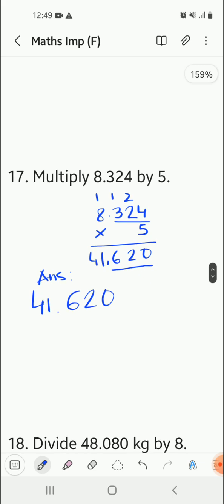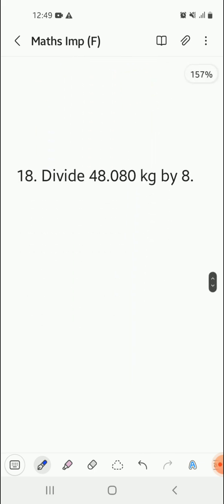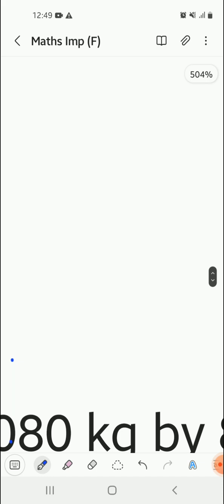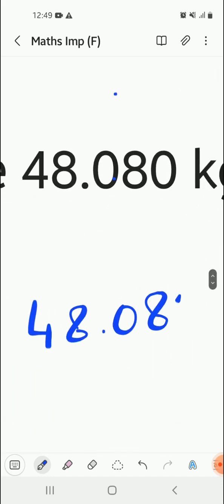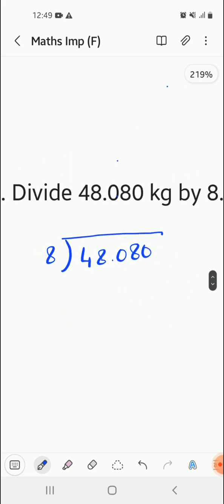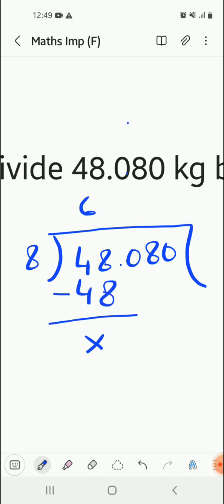That's it. Okay, now moving on to the next question, that is divide 48.080 kg by 8. So let's do it. 48.080 divided by 8. We know 6 into 8 is 48. Then there is a decimal point, so we'll shift it here.